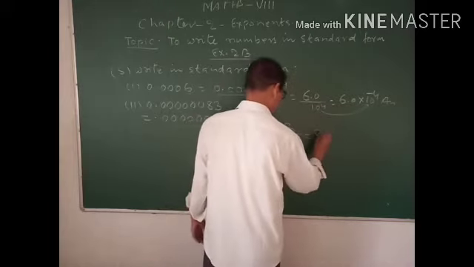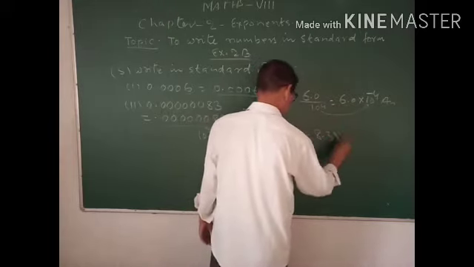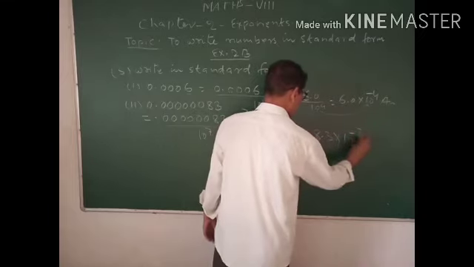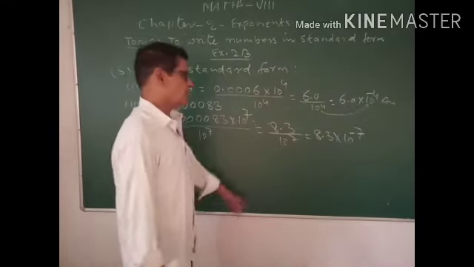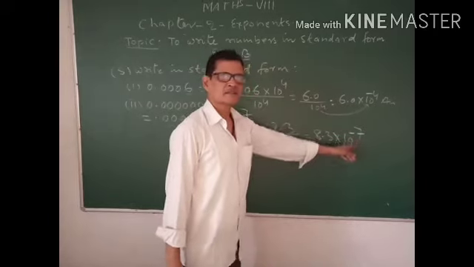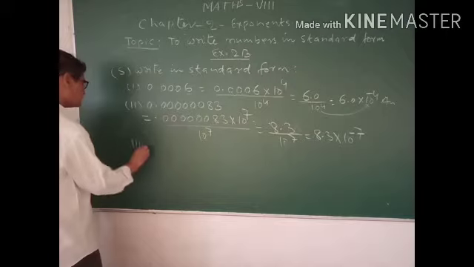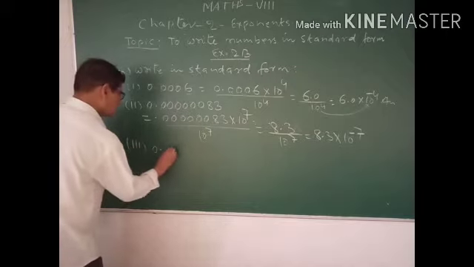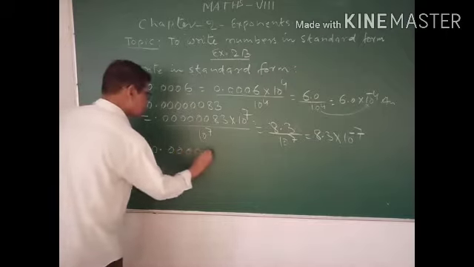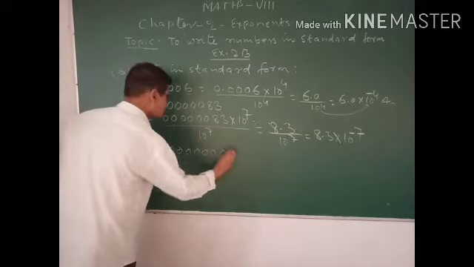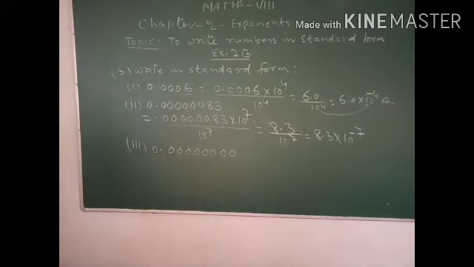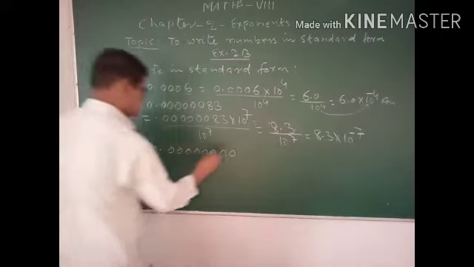Now take 10 to the power 7 to the numerator. So this will become 10 to the power minus 7. Now come to the third example. 0.0000000689.